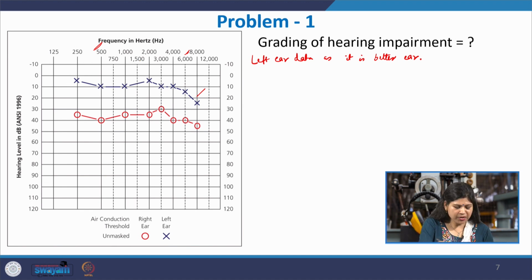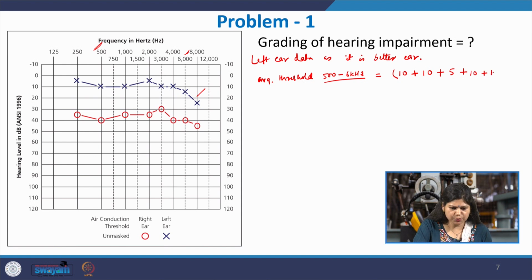If we just take the major divisions, then the average threshold in this region becomes, if you see here, 500 it is 10 dB, then 1000 it is 10 dB, 2000 again it is 5 dB, and then 4000 it is going to be 10 dB, and then 6000 which is going to be 15 dB.